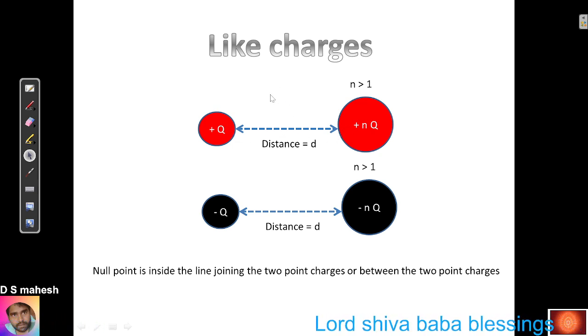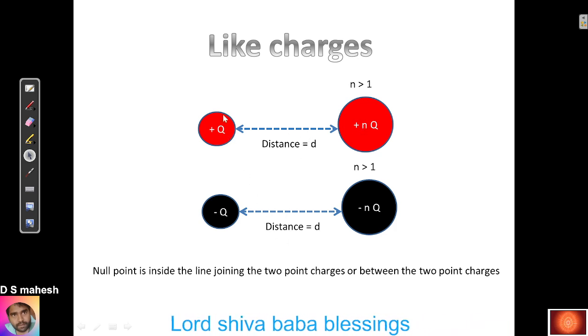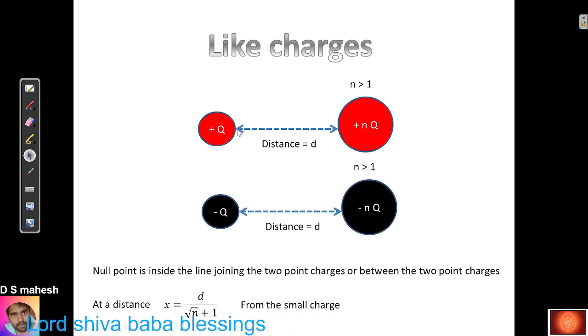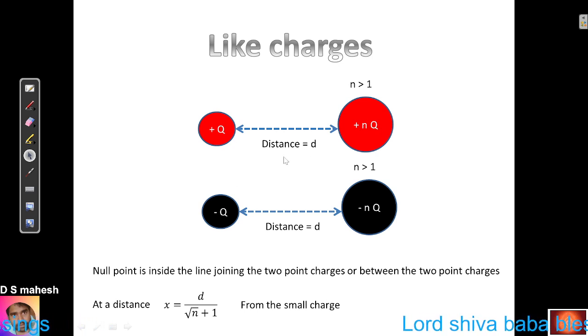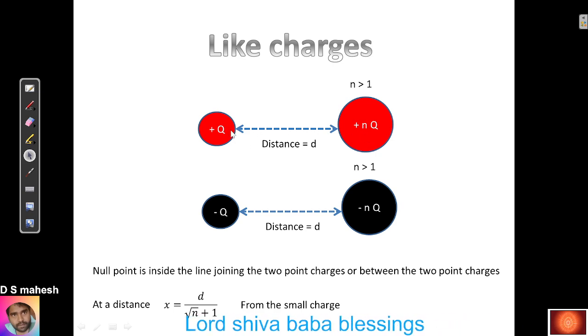So the charge should be placed between these two charges whenever both of them are like charges. But at what distance? It is at a distance of x from the smaller charge. Out of these two charges, this is the smaller charge and this is n times this charge. So the distance is always from the smaller charge.